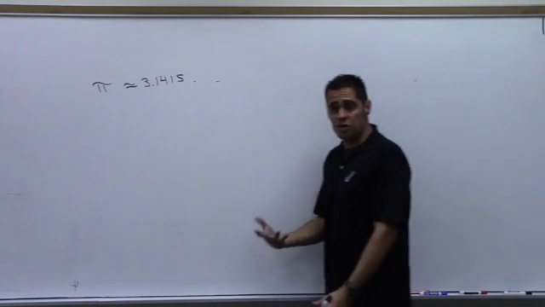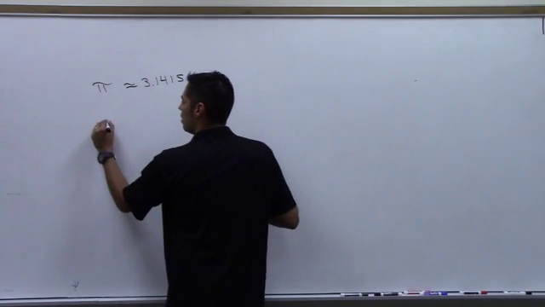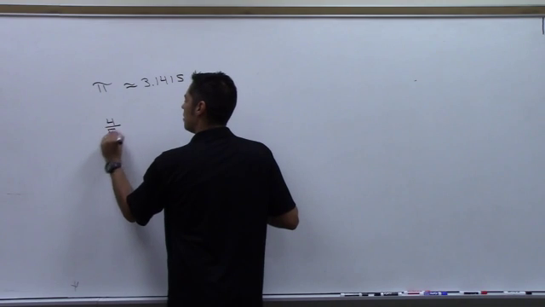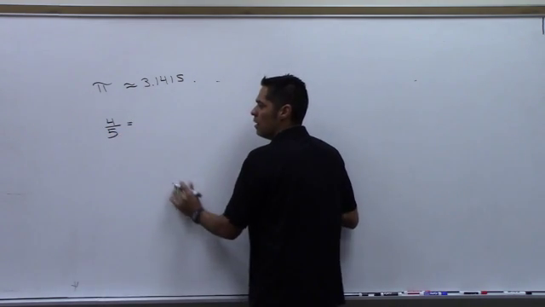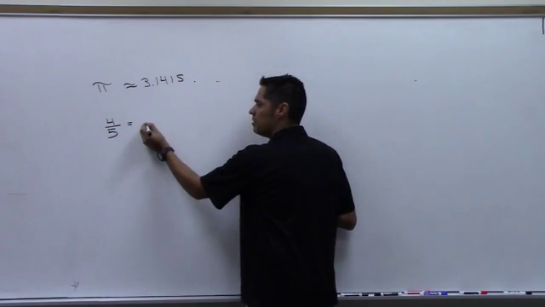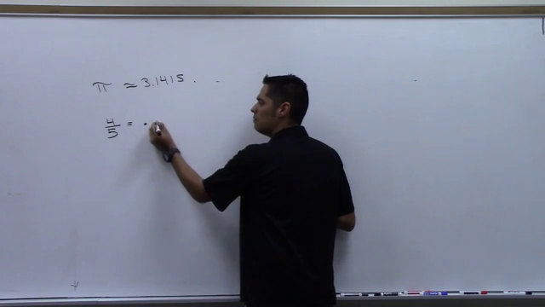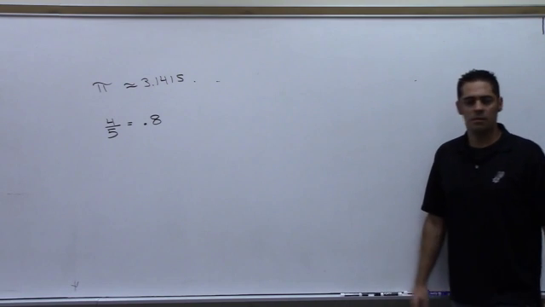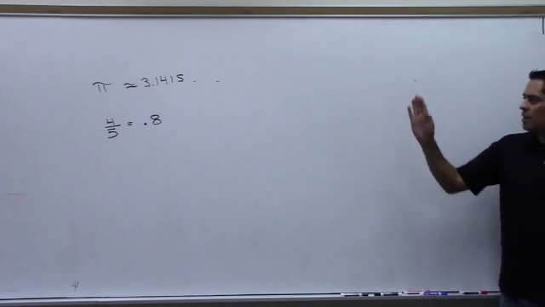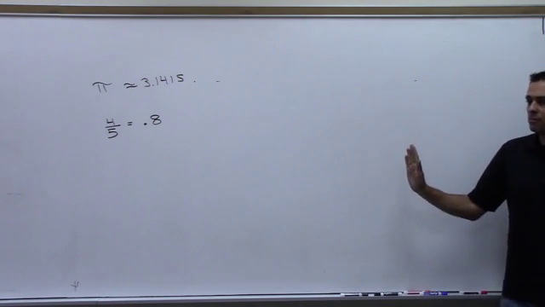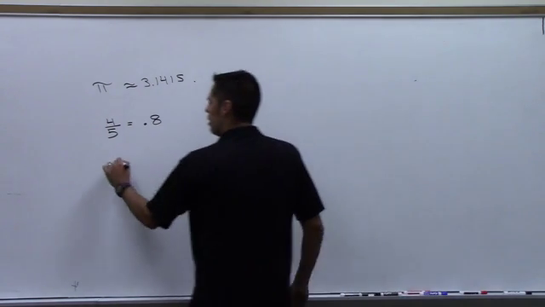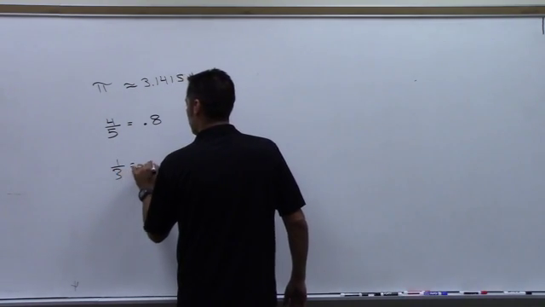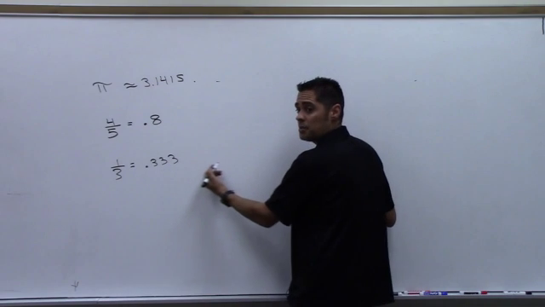But if you take a fraction, which are called rational numbers, like 4/5, what's that as a decimal? 0.8. So it's a decimal that stops. If I do 1/3, it's 0.333. This never stops, does it?